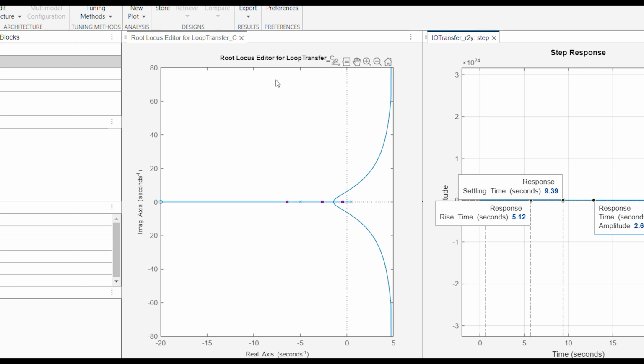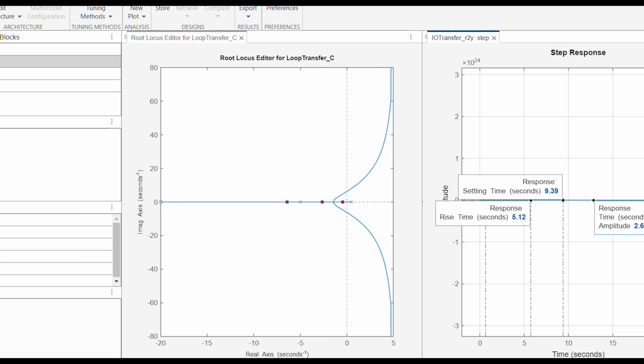So this is the system for number 2. The rise time is 5.12 and the settling time is 9.39. The value for the amplitude is 2.66. The value for overdamped is between 1.148 and infinity.